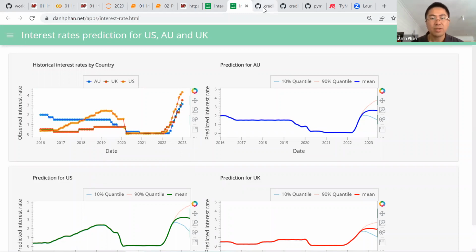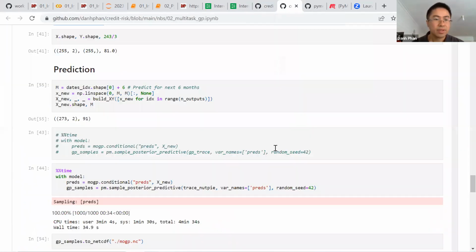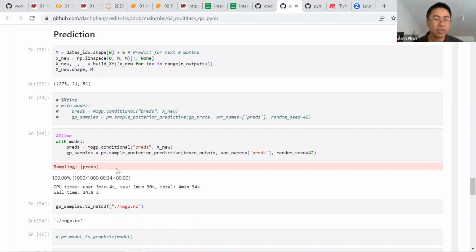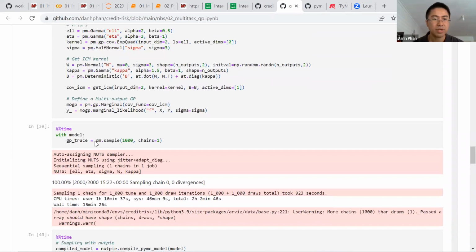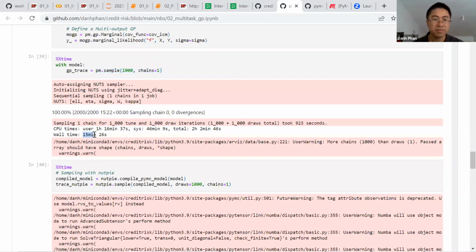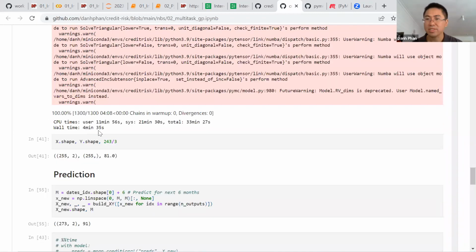In this one, I have one trick for sampling: I use nutpie instead of the default sampling. If we use the default sampling here, the time might be around 15 minutes. But if we use nutpie, which is also a project from the PyMC team, we can reduce it to around 4 minutes, so it's about 4 times faster.